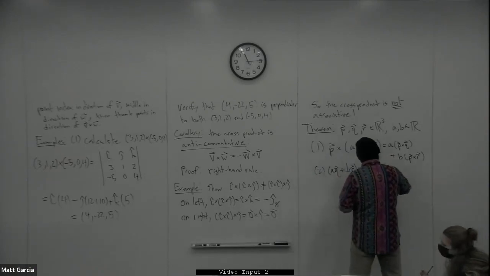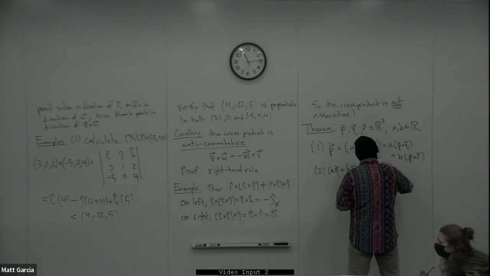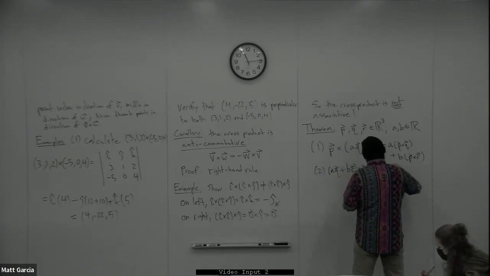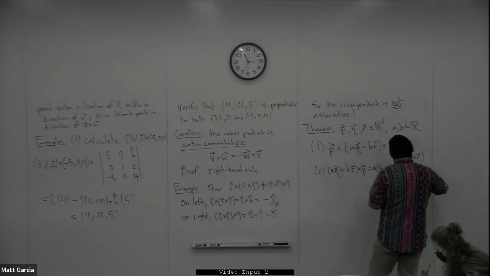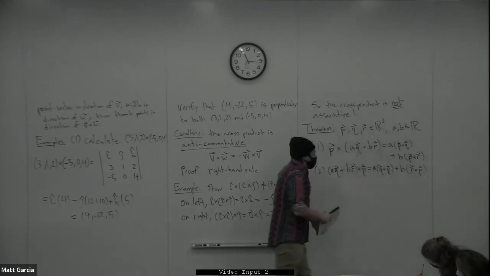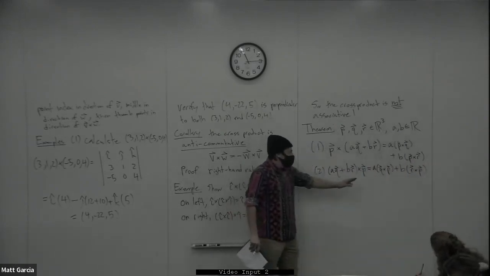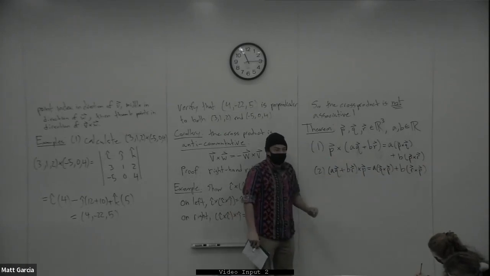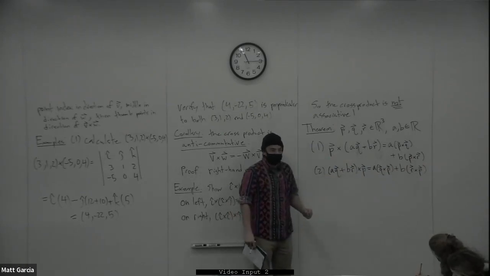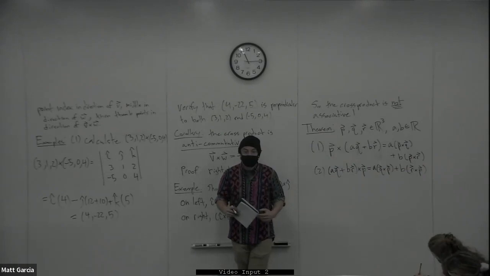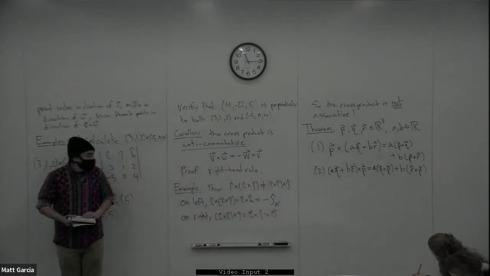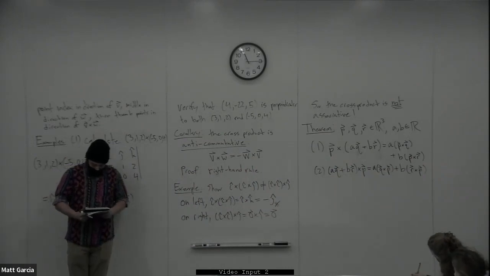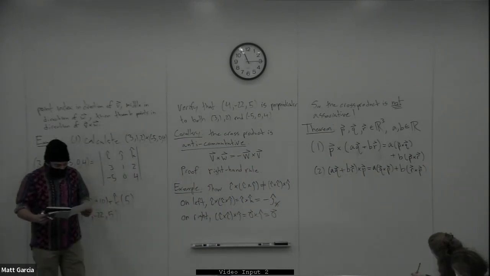So what's this? a times q cross p plus b times r cross p. Again, the important thing is that you maintain the order in which you take the cross products. Switch the order, you have to add in a negative sign.